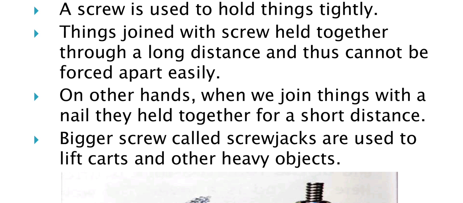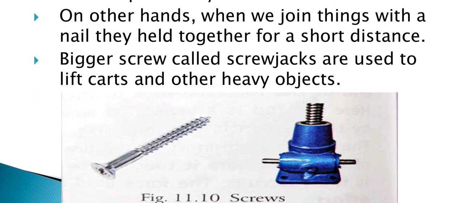Bigger screws are called screw jacks. The second figure is of the screw jack, or jack screw, used in cars, trucks, and all vehicles. They use these screw jacks to lift the car or other objects. Whenever there is a tire puncture, if you want to remove that tire, first of all you have to keep the car on the screw jack.